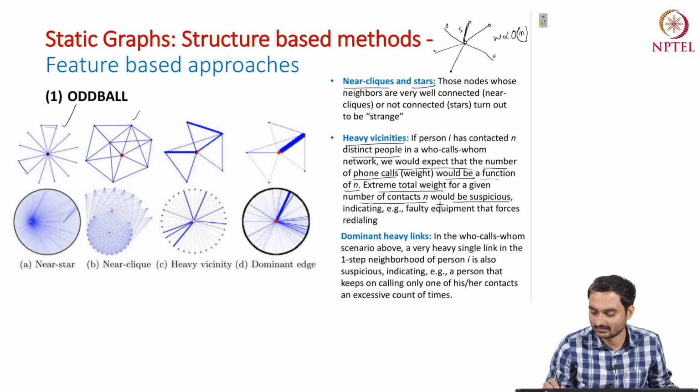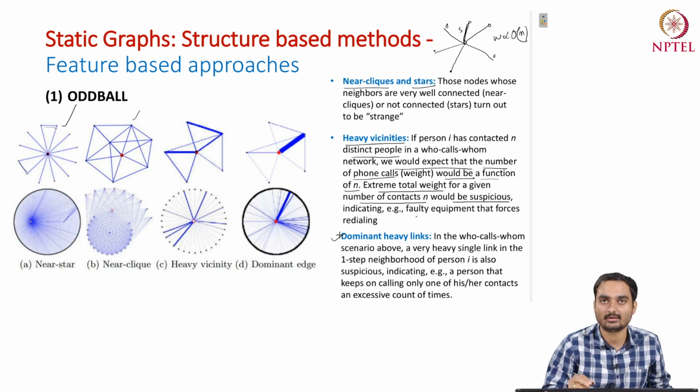For example, in who-calls-whom, it can be just a faulty equipment which forces redialing, and therefore calls have happened automatically. So this is called heavy vicinity. The fourth category is called dominant heavy links. This is again related to the who-calls-whom network.